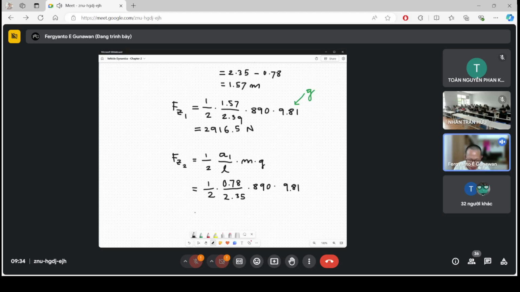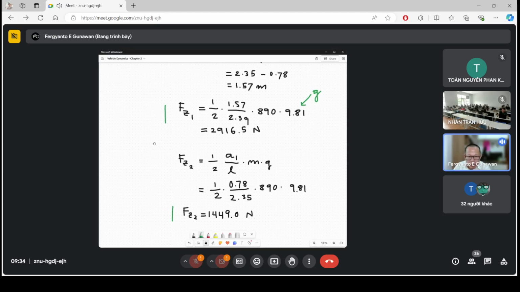And this gives us FZ2 equal to 1449.0 Newton. So this is the result that we are looking for.